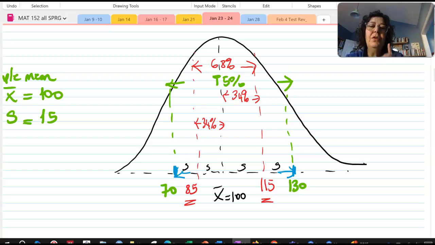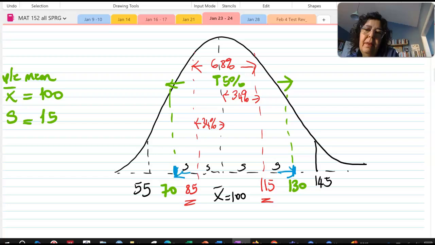Right, so let's do the 3 standard deviations. We're going to add 45 and subtract 45. That will be 145 here and 55 there.